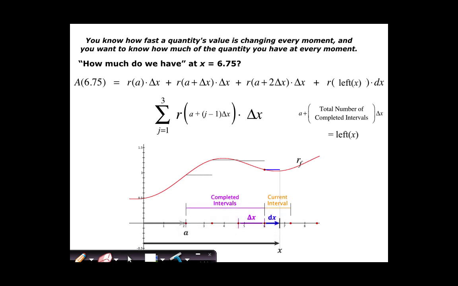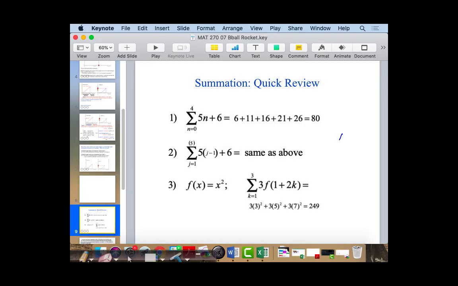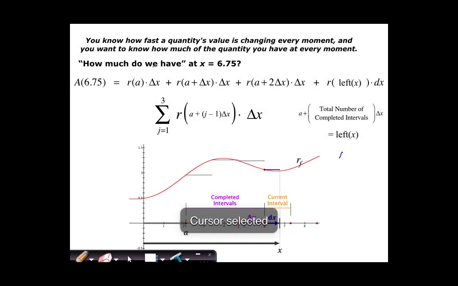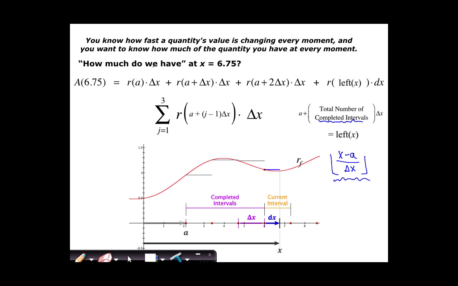The definition of left of x involves this floor function and taking the current value of x minus the initial value of x, dividing by the width of the interval, and rounding that number down to a whole number. So this part inside the parentheses, total number of completed intervals, could mathematically be explained by x minus a over delta x, and then rounded down, that floor function.